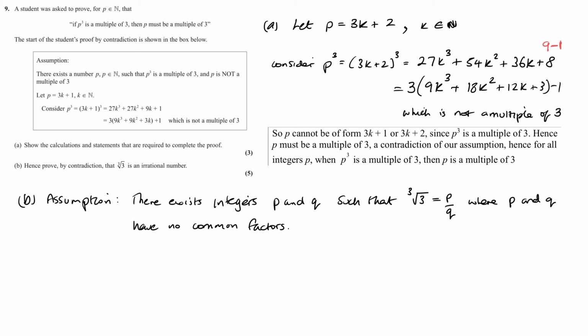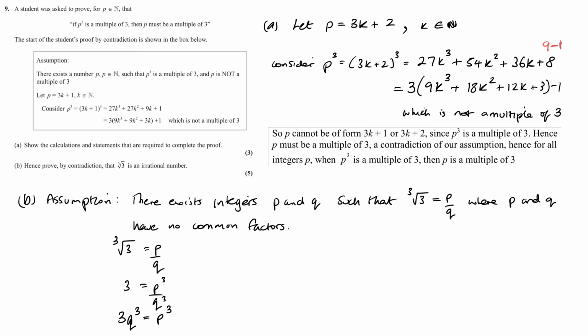So that's our assumption. So we have then this equals P over Q, and let's cube it. So we get 3 equals P cubed over Q cubed. So 3Q cubed equals P cubed. And that's obviously quite important there, because we've been dealing with cubes in the first part of the statement.